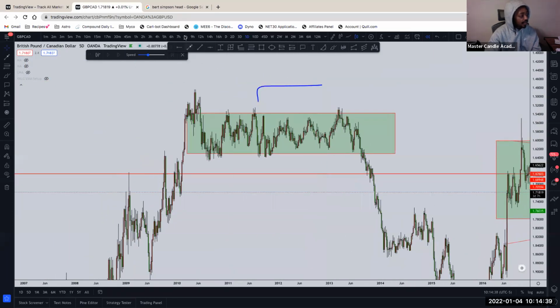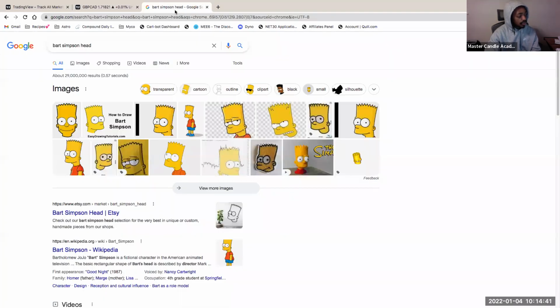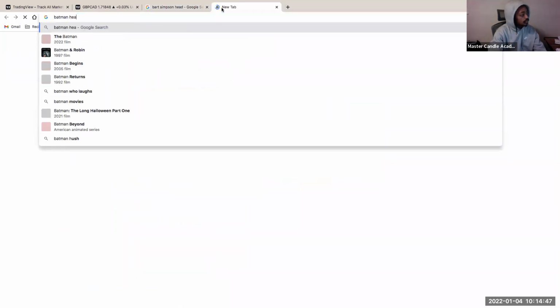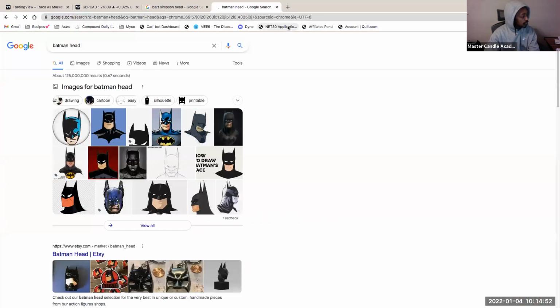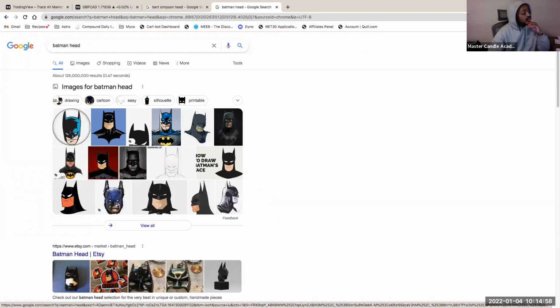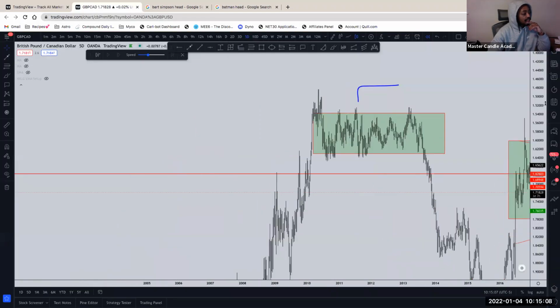Batman and Bart are going to be very similar in structure. The Batman pattern is also a reversal pattern, right? And so what does Batman look like in the market?